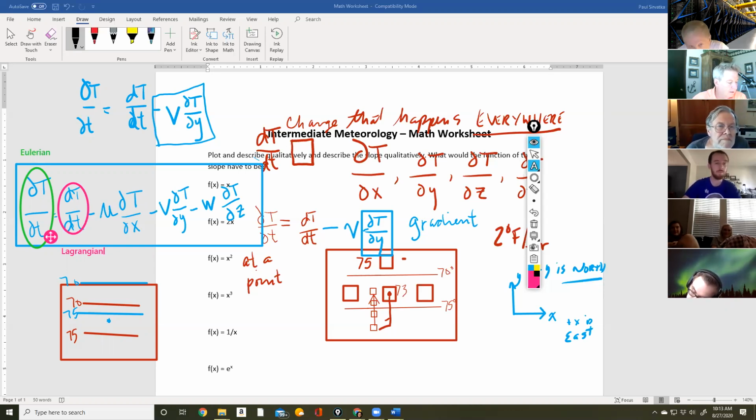Now, if you read through page 5 in your book, they use those terms. The so-called Eulerian and Lagrangian rates of change are related by the chain rule based on that little thing. So look at the top of page 5 if you've got your book up.